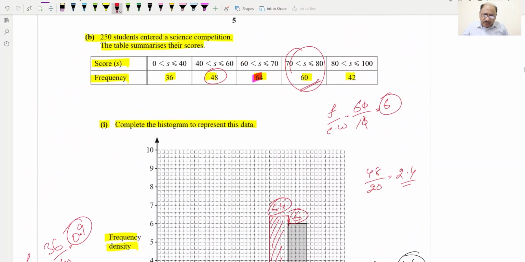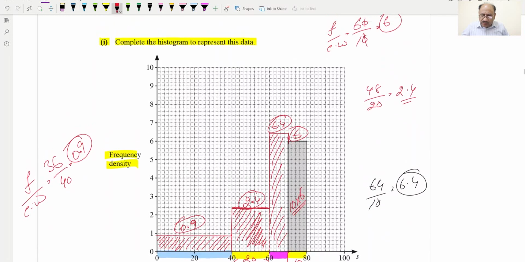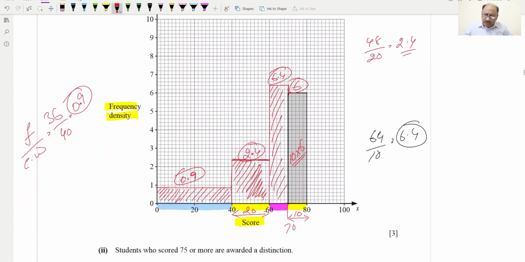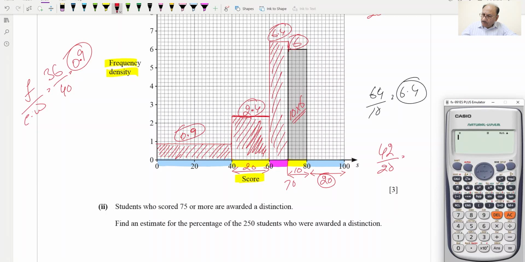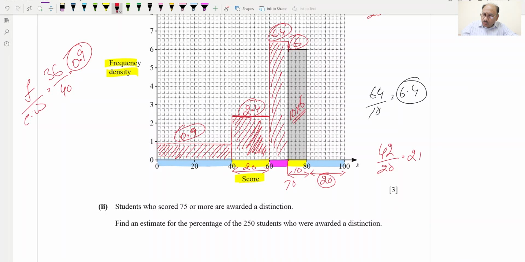Now the next, 70 to 80, is already there. From 80 to 100, the frequency is 42. The class width is 20, so 42 divided by 20 is basically 2.1. So 2.1 will be our height of the bar.